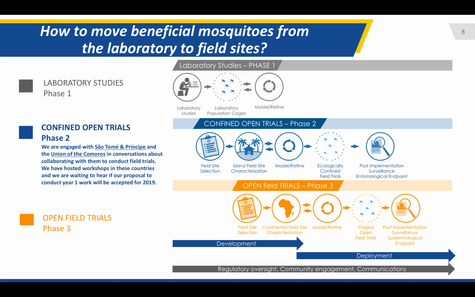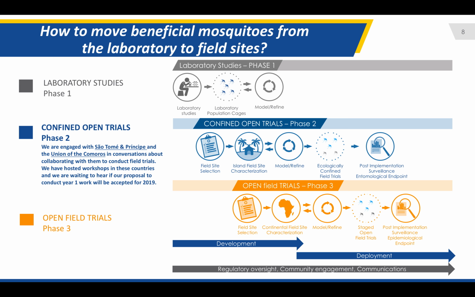And I'm very happy to tell you that our proposal for a 1 year project has recently been accepted, so we will be able soon to start working in those sites to do field site selection, to also do the field site characterization, and of course to do those confined field trials.